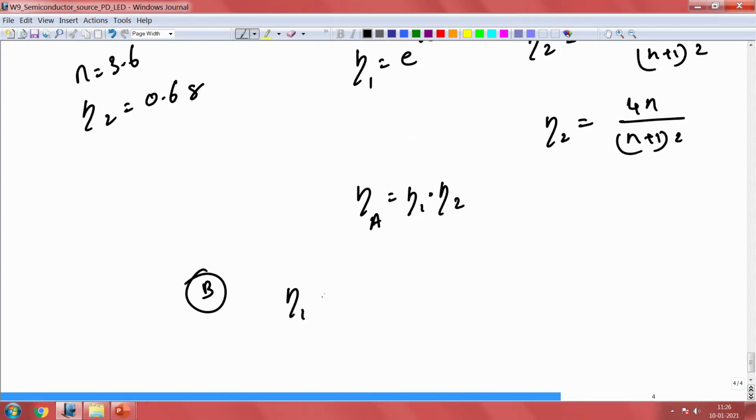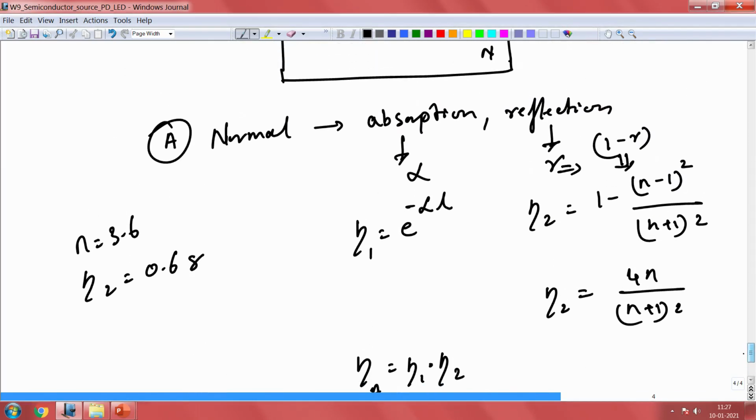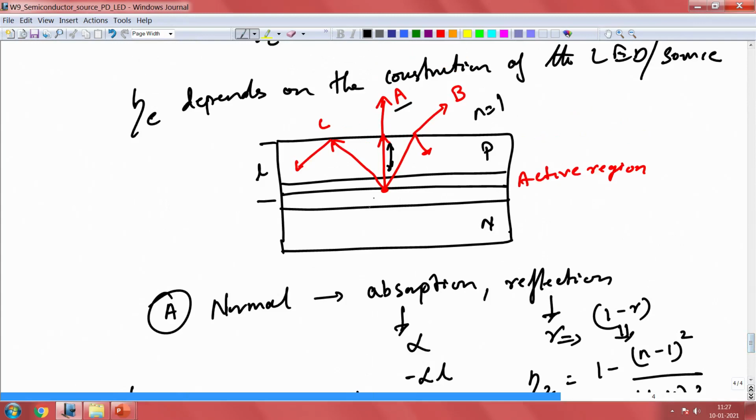So, your eta 1 here is e to the power of minus alpha L. So, this L, the travel length LB, is greater than LA. The length that A travels is the actual distance between the active region and the surface. But look at B. B is traveling longer.